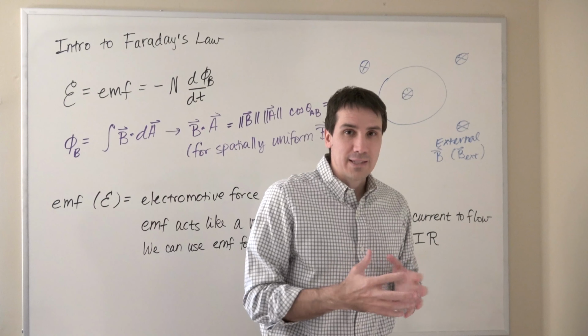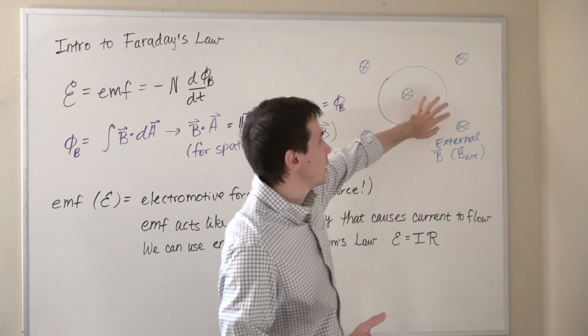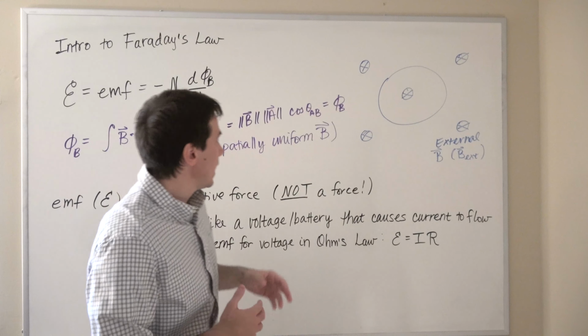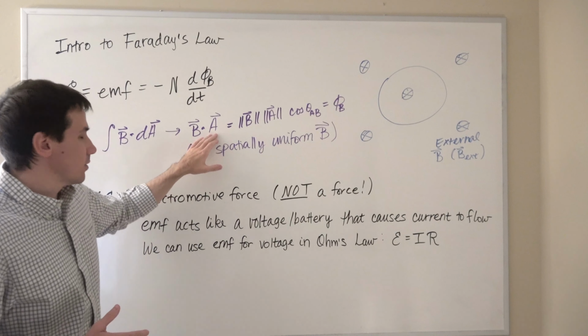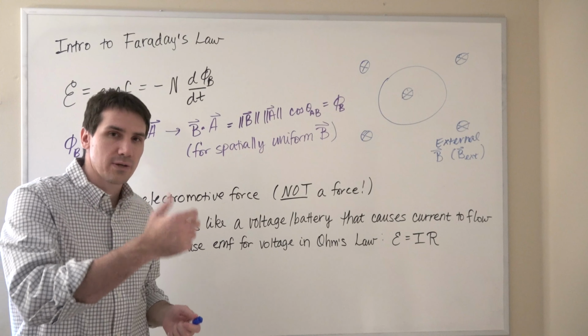In order to calculate magnetic flux, we always need an area, and that area is the area enclosed by our loop here.